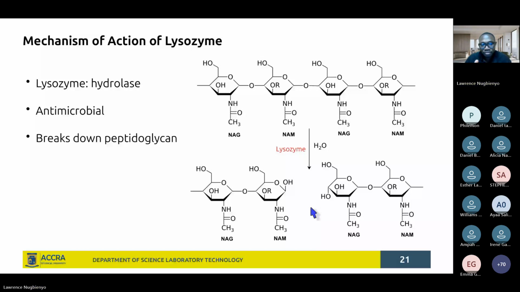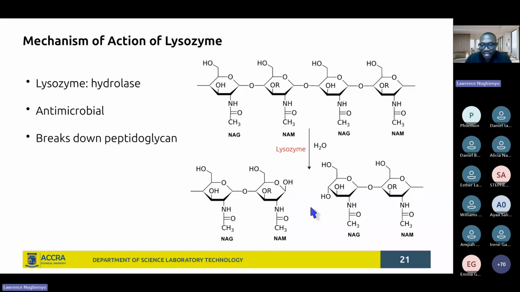cell wall of bacteria. So in a sense, it will result in the death of the bacteria. The cell wall is broken. That is its protection, so it's sort of a rupture, and then all the components, cytoplasm, everything is out.